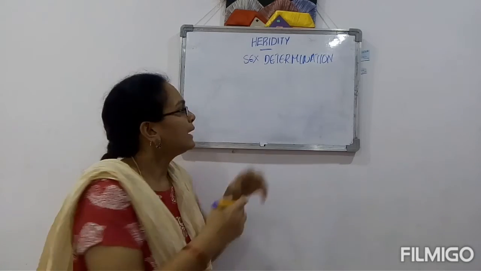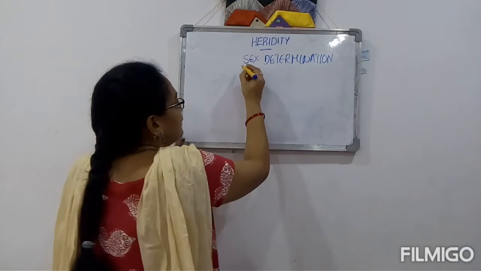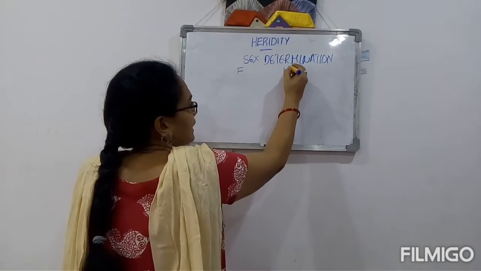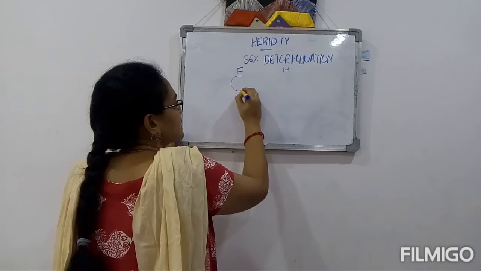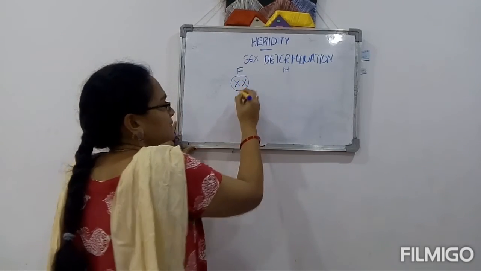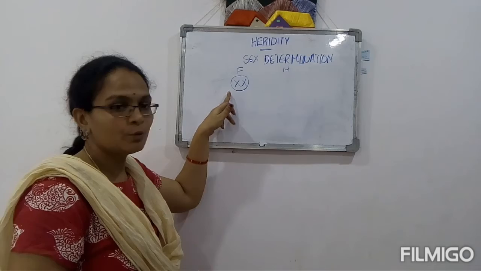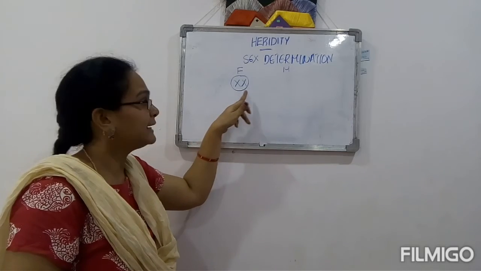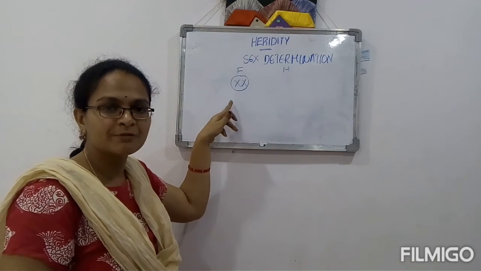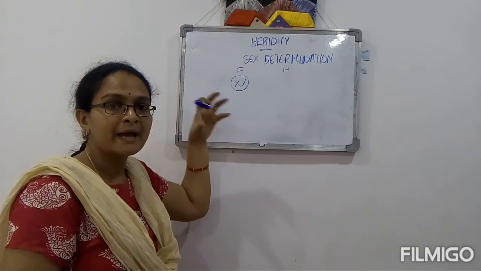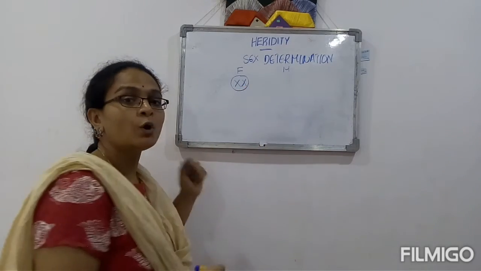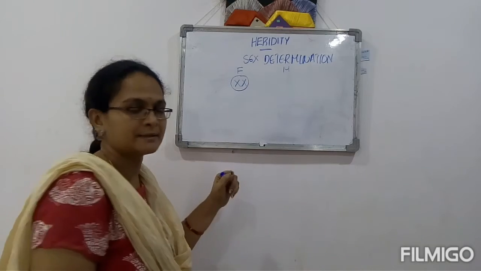Okay, so what happens in a female organism and a male organism? Females contain chromosomes XX. The chromosomes in females are X and X, the same chromosome. That is why females are said to have a perfect pair of chromosomes, and these are in a homozygous condition as both are the same.